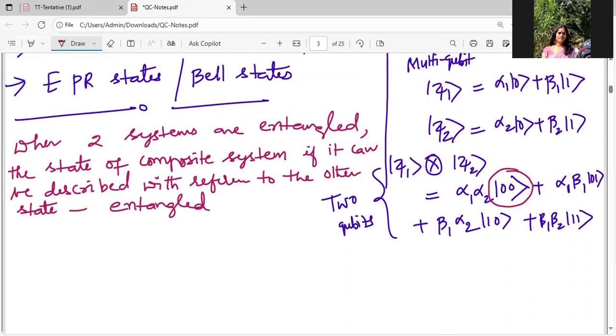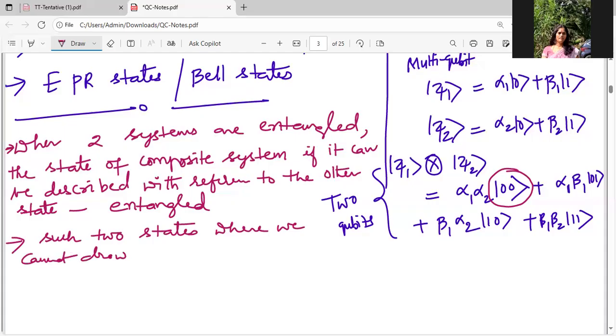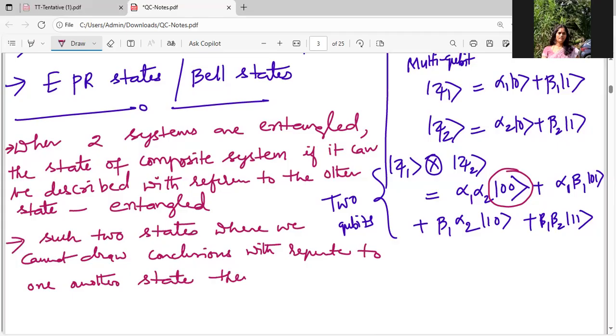Otherwise, if I cannot say anything about one state looking at the other one, such two states where we cannot draw conclusions with respect to one another, then the states are not entangled, or you can say they are separable.